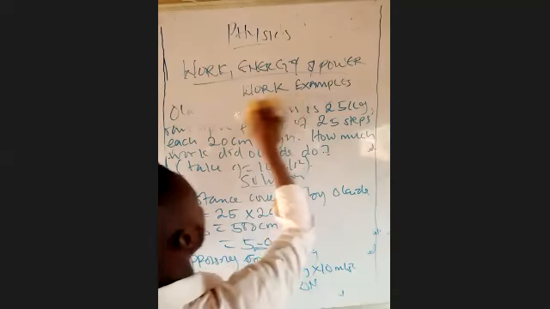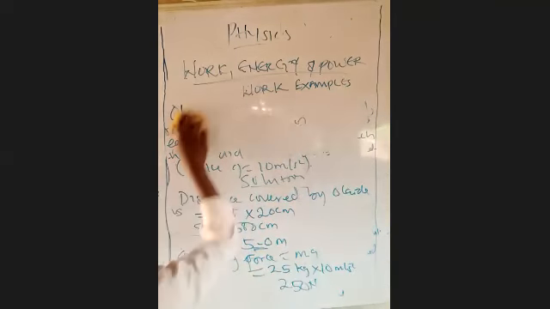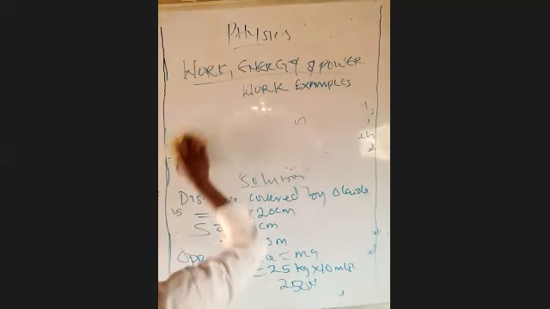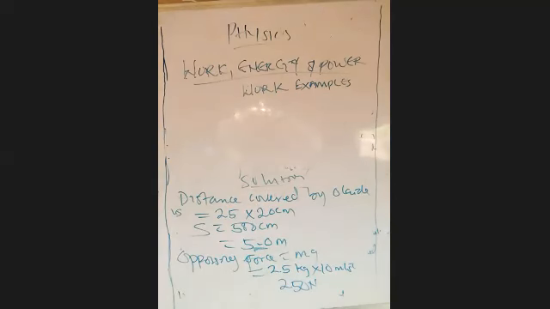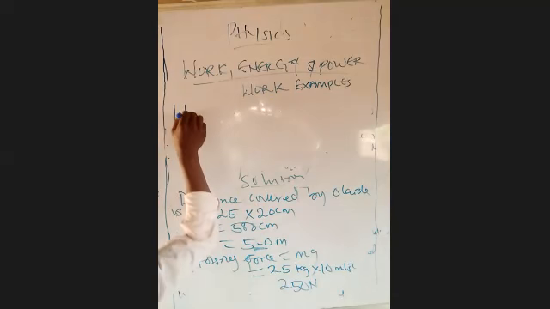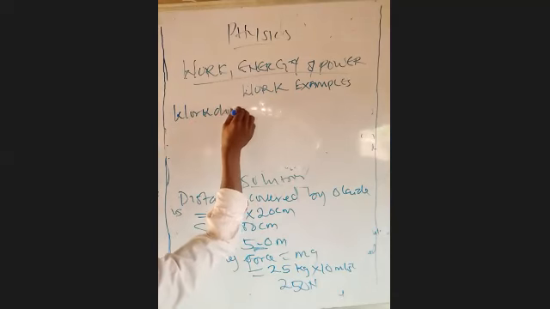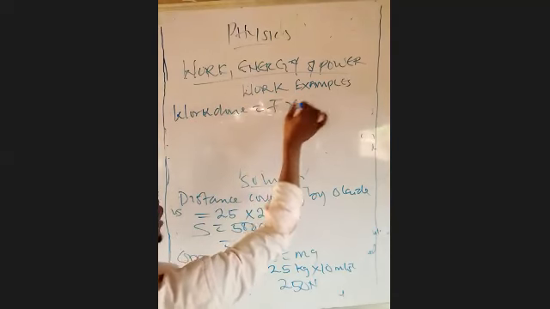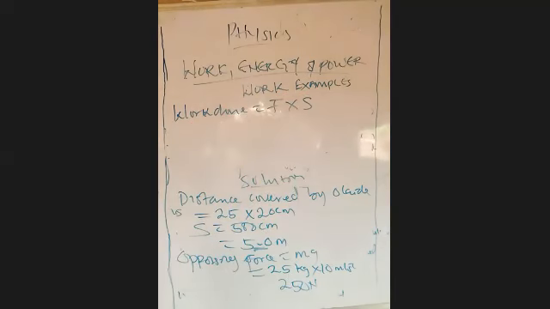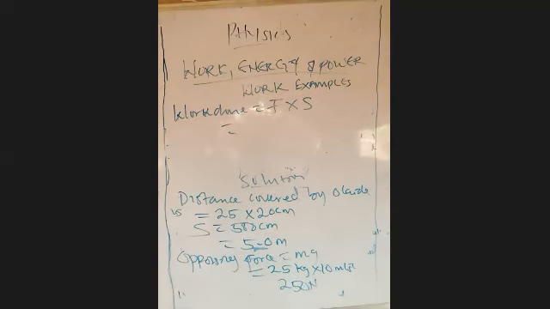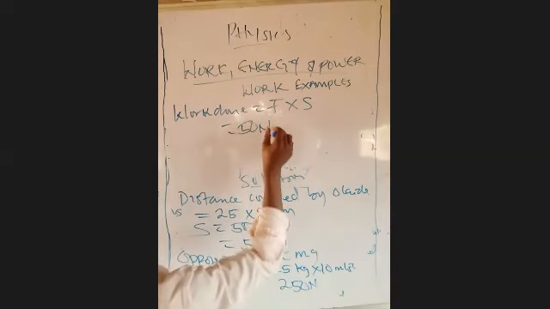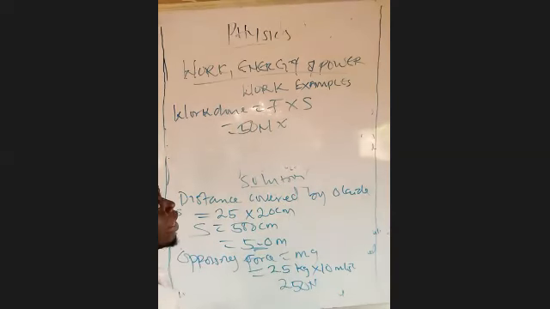So we can find the work done by Olaide. This work done is equal to force times distance. Force times distance. Now, our force is equal to 50 Newton times the distance.